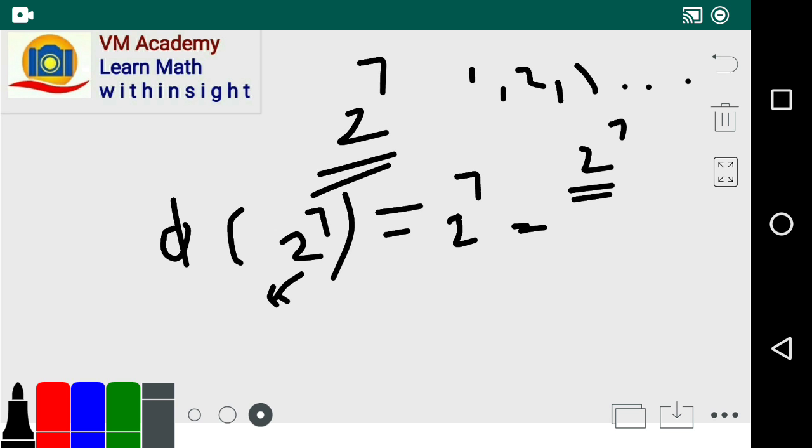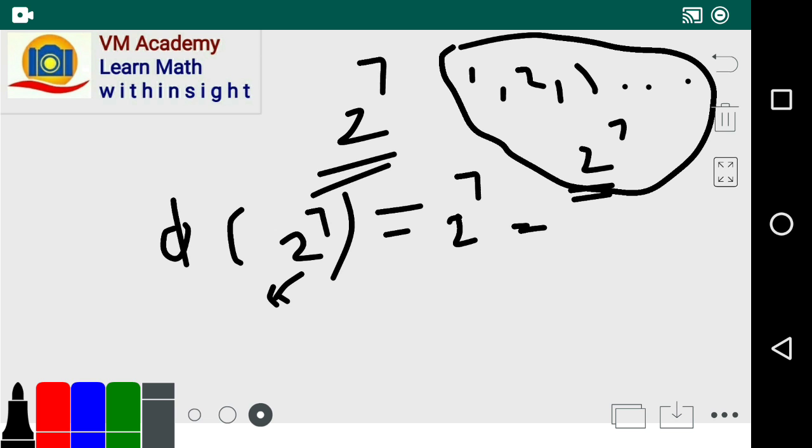Out of these, how many share at least one prime factor with this number? 2 raised to 7 has just 2 as the prime factor, 2 multiplied 7 times.